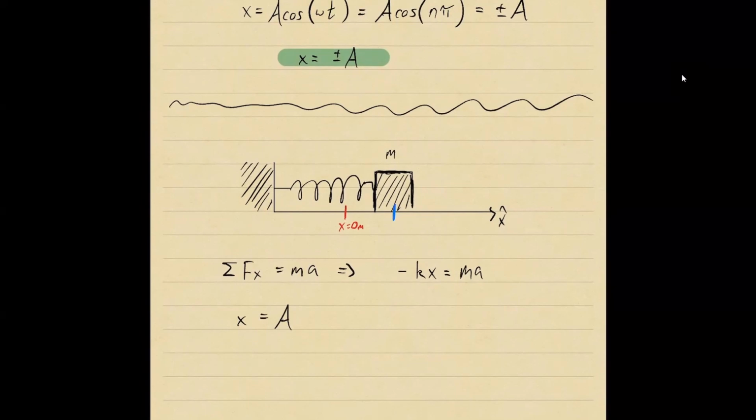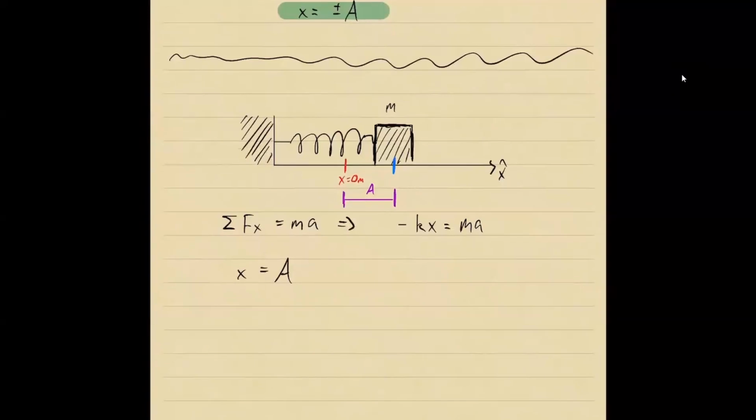Then this distance between its equilibrium position and the maximum displacement is going to be given by the amplitude A, right? So we learned that the displacement is going to be equal to A times cosine of angular frequency times time, t. We also learned that our acceleration is equal to minus the amplitude times our angular frequency squared times cosine omega t.